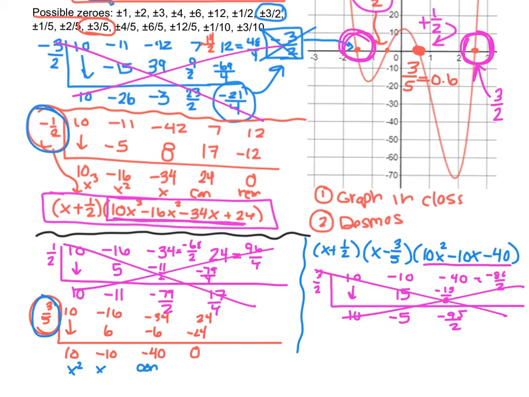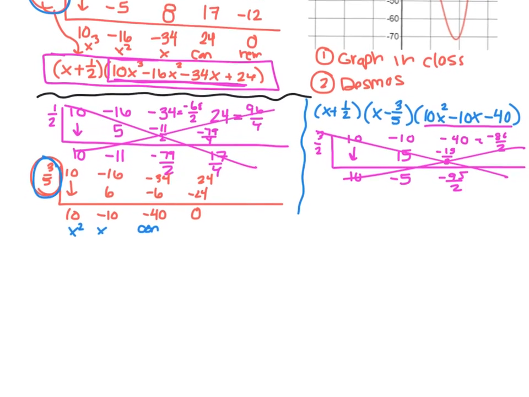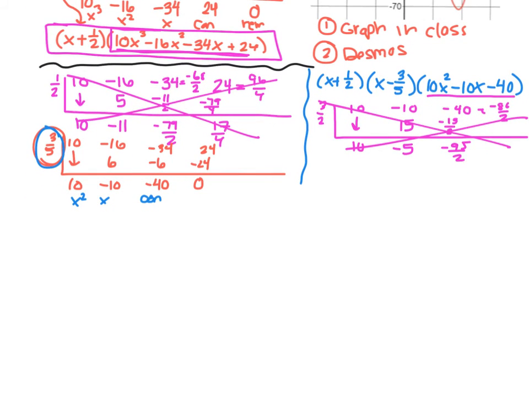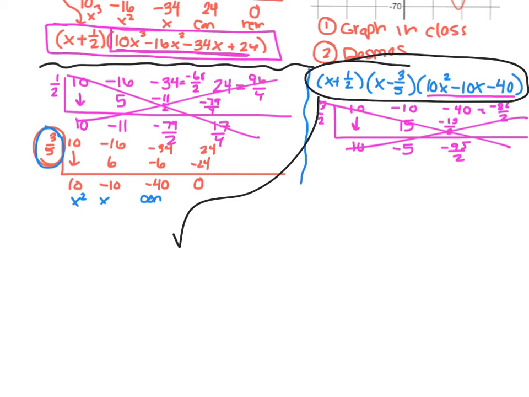So I have utilized this list up here to the max. I have found two that work in negative 1/2 and a positive 3/5, but I haven't been able to find the other two. So what that means is I'm probably going to have to use a quadratic solving strategy to solve this. So I'm going to move this up to give myself more room, and I'm just going to translate my current factored form or polynomial equation down here.